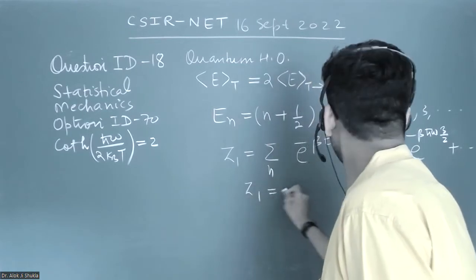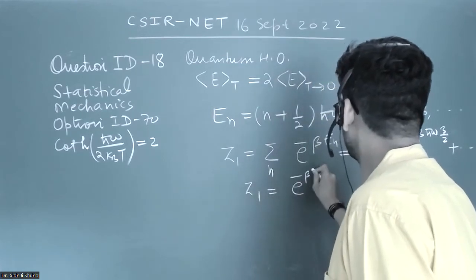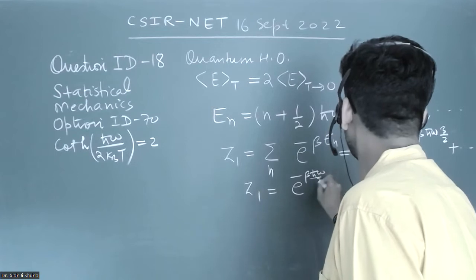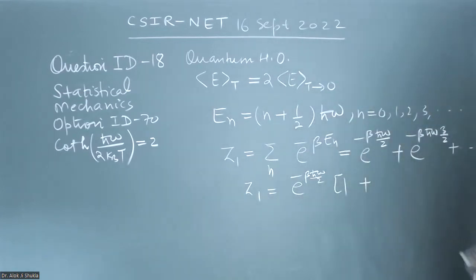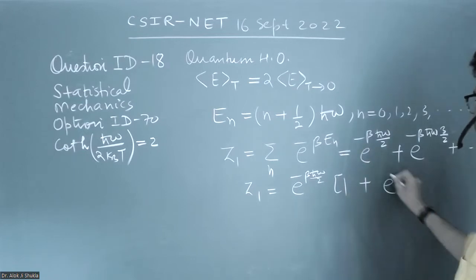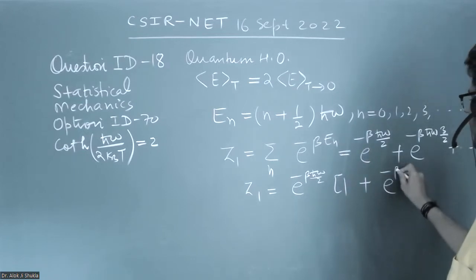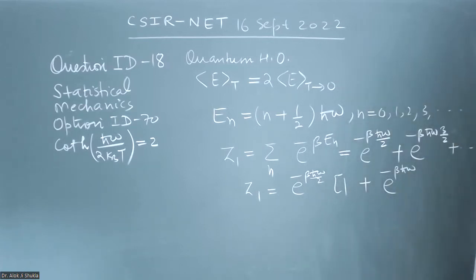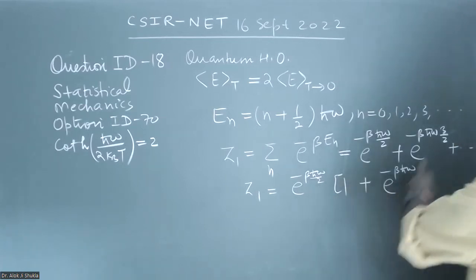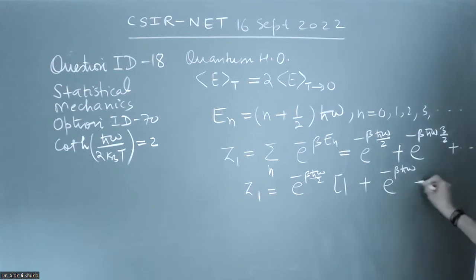For simplicity, I will take e to the power minus beta h cut omega by 2 as common. I will get 1 plus e to the power minus beta h cut omega, since half and 1 will become 3 by 2, plus e to the power minus 2 beta h cut omega and so on.